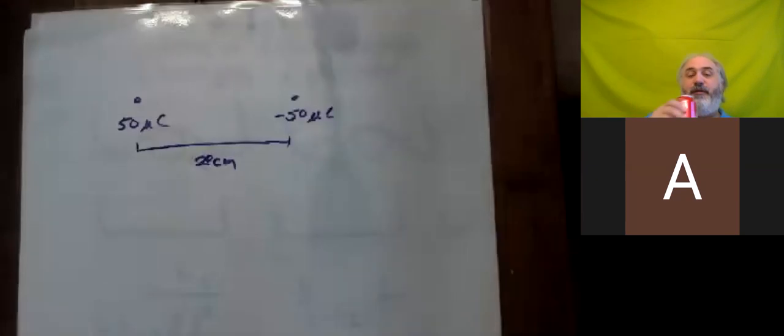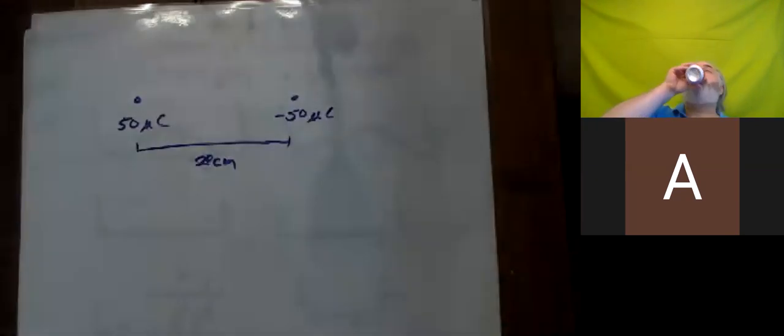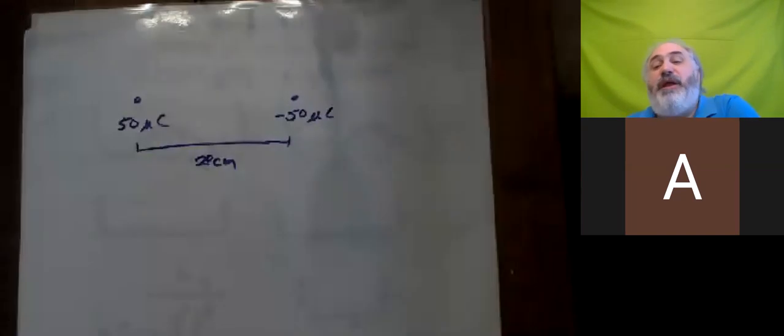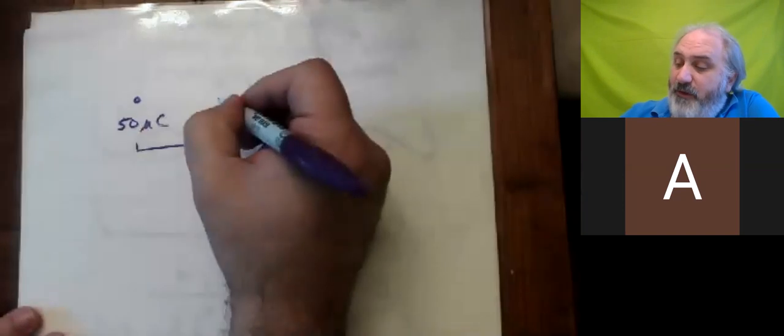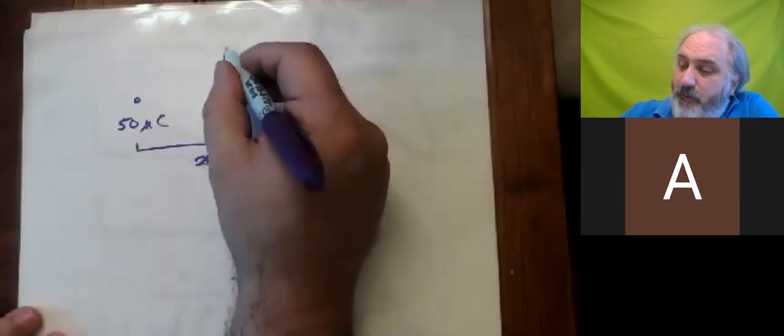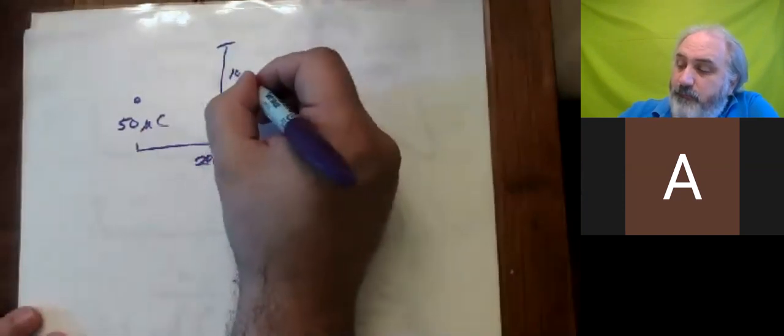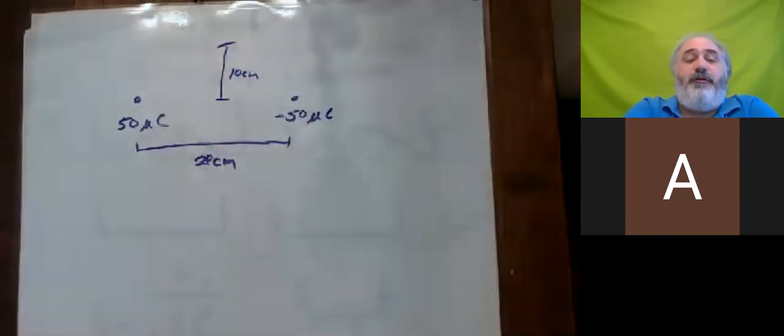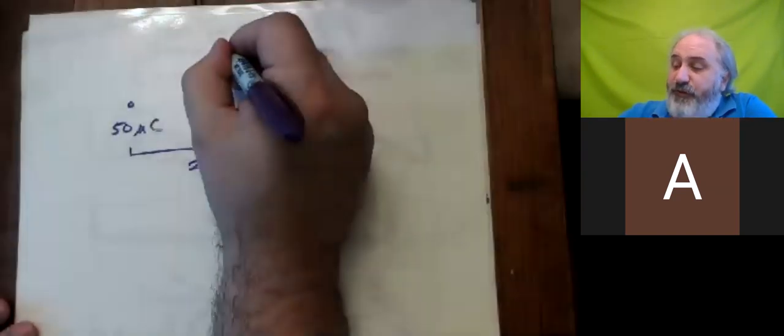But this time, rather than look at any place along that line, I'm going to look at the electric field at a third location. Go halfway in the middle and then up 10 centimeters. And I want to look at the electric field right there.